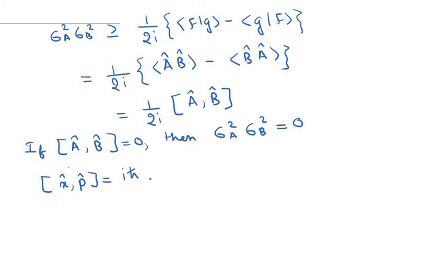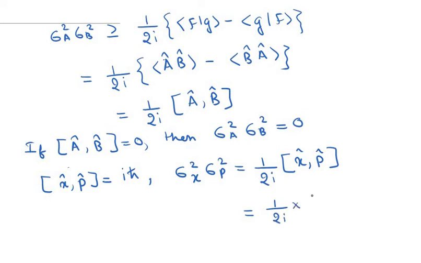Then the product of the uncertainty of the position operator, which we write as sigma x square sigma p square, is greater than or equal to 1 by 2i times the commutator of x and p, which is 1 by 2i times i h bar, so h bar by 2. So this is the famous theorem that the product of the uncertainty in position and momentum is h cut by 2, or h by 4 pi.